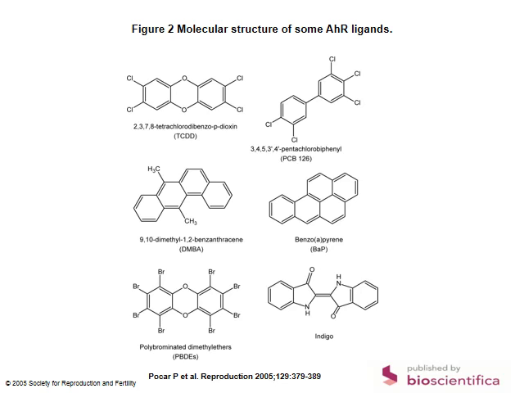We see the polycyclic aromatic hydrocarbon benzo[a]pyrene. We see another polycyclic aromatic hydrocarbon, DMBA. And then we see another dioxin-like structure down here in the bottom left.